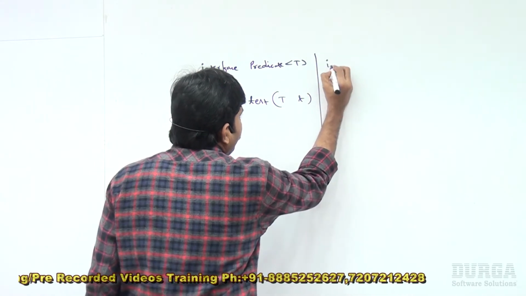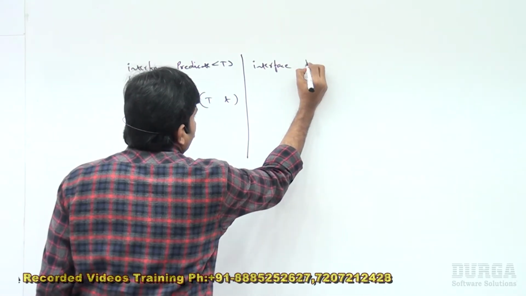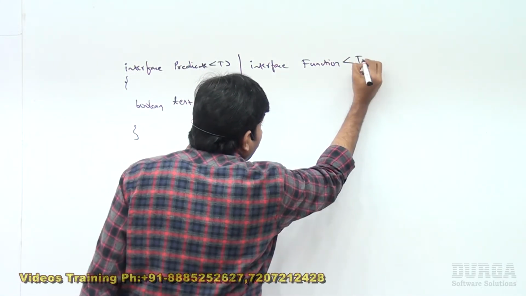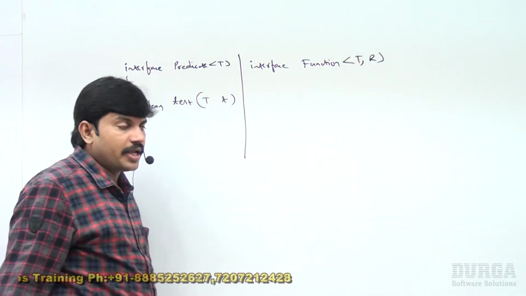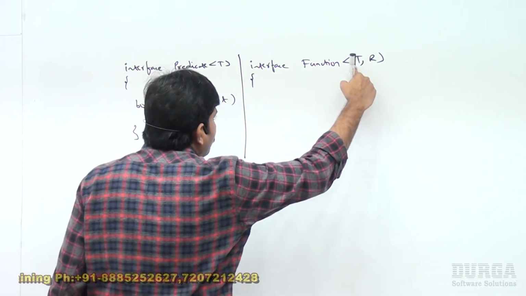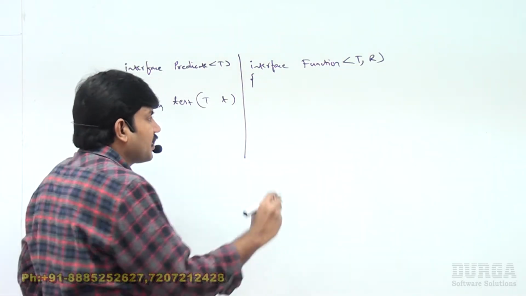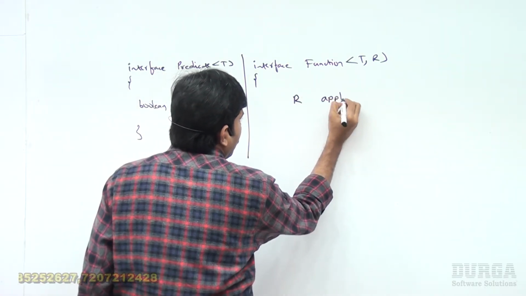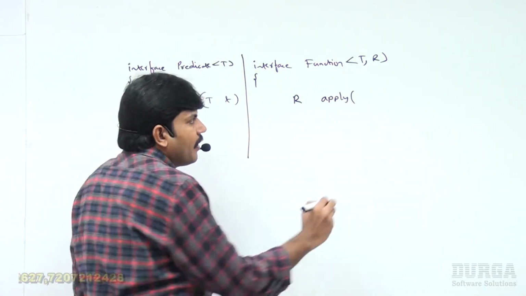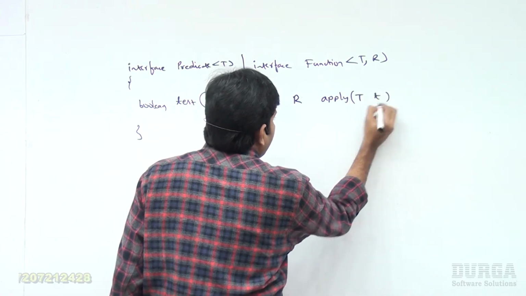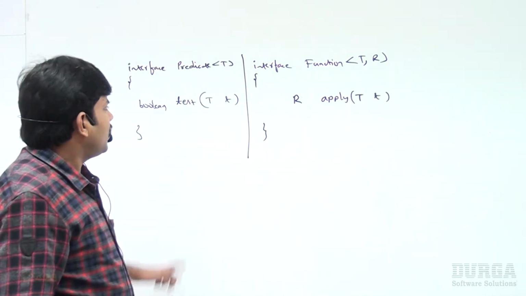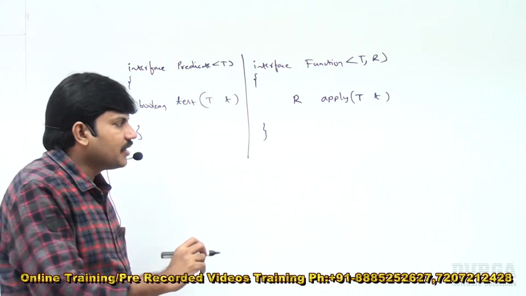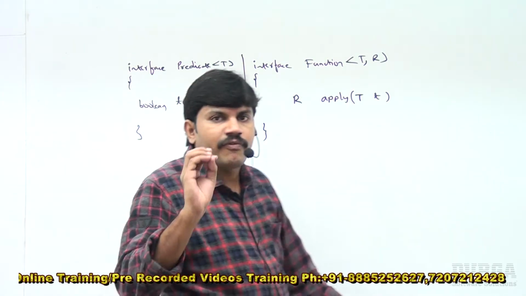Same way, the Function interface compulsorily takes two type arguments: one is the input argument type T, and the other is the return type R. Whether it is Predicate or Function, compulsorily it has to return some value.